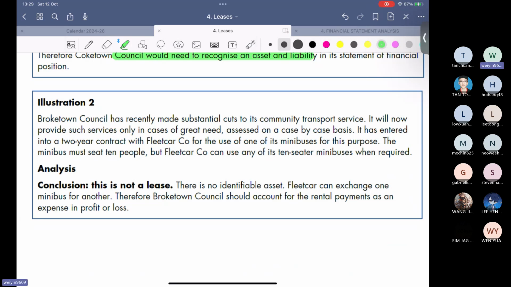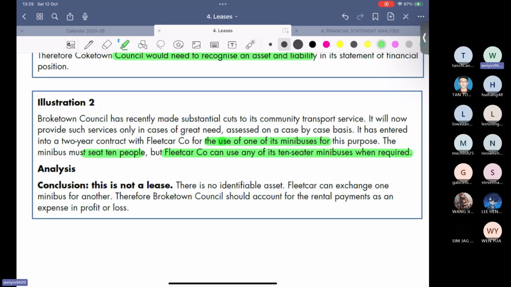It has entered into a 2-year contract with Flitcar for the use of one of its minibuses. See, I use the word one. The minibus can sit 10 people, but Flitcar can use any of its 10-seater minibuses when required.